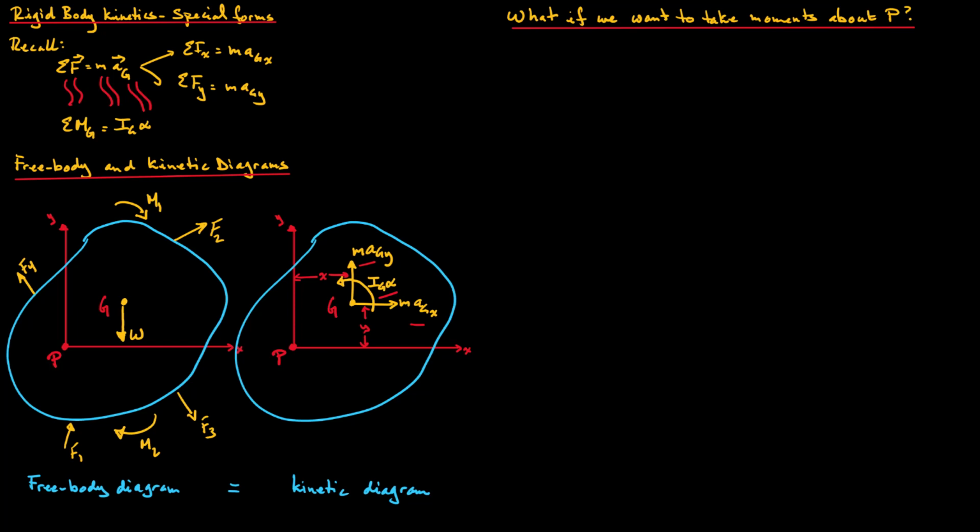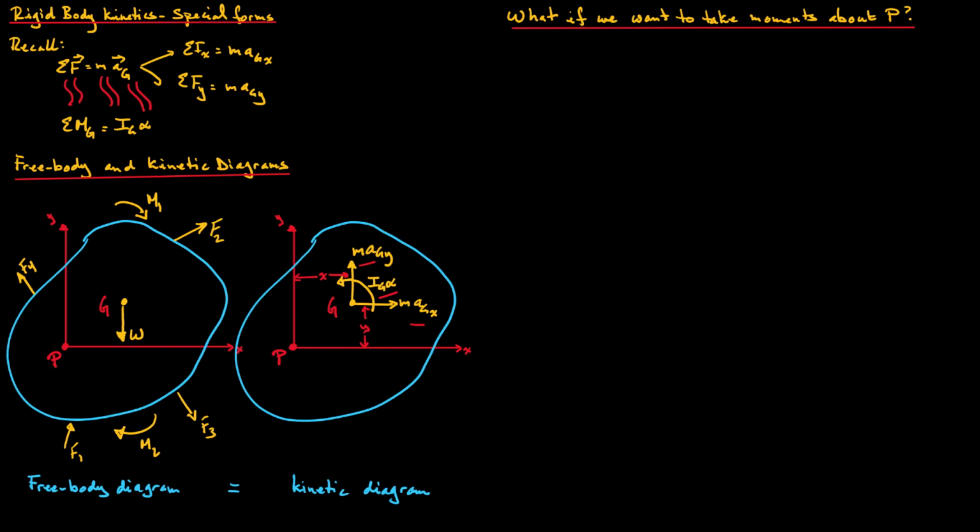Now, what if we want to take the moments about point P? In the previous video, we started doing this, but then we idealized the situation and said, well, what if P is equal to the center of mass? And this greatly simplified our equations.